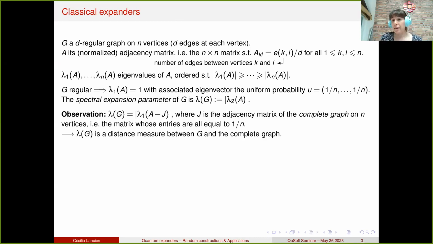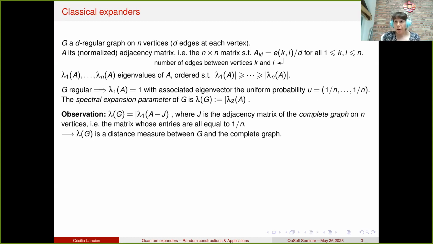Now, the fact that our graph G is regular implies that the largest eigenvalue of this adjacency matrix is always going to be 1, with associated eigenvector the uniform probability vector that I will denote U. This vector puts weight 1 over n on each of the vertices of my graph G.